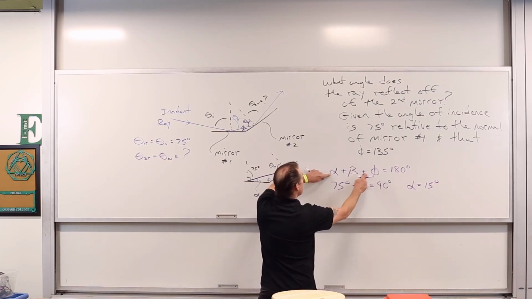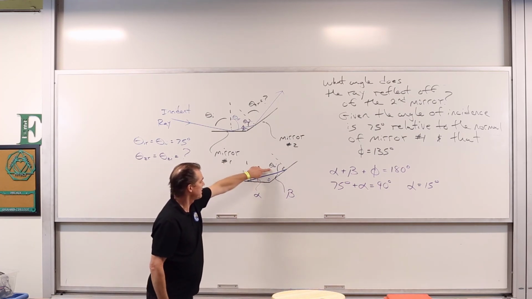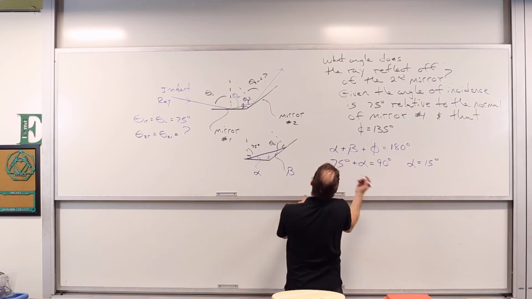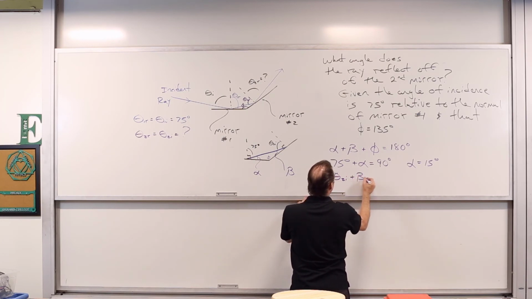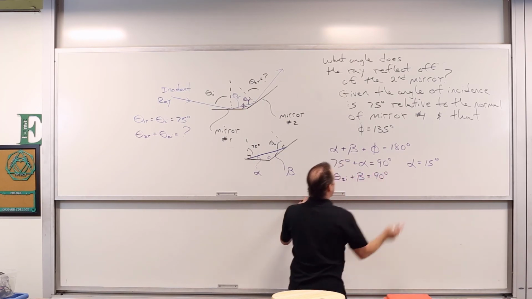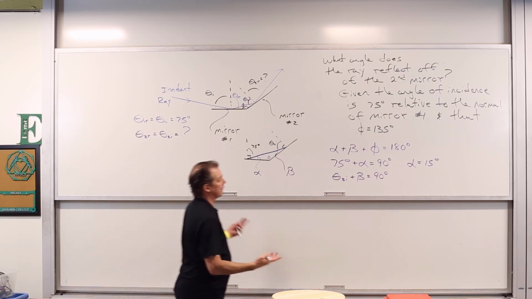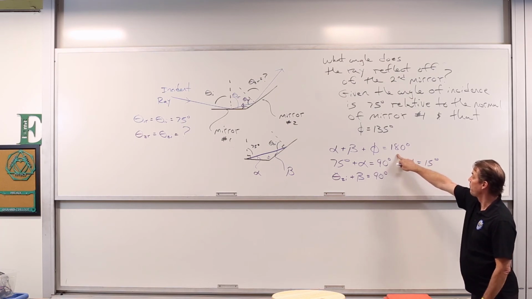So now we know two things, which allows us to find beta. That's fine, but really we want to figure out what this is. So what else do we have? We've got that theta 2I plus beta is equal to 90 degrees. Now that we know what alpha is, we could go ahead and solve for beta.